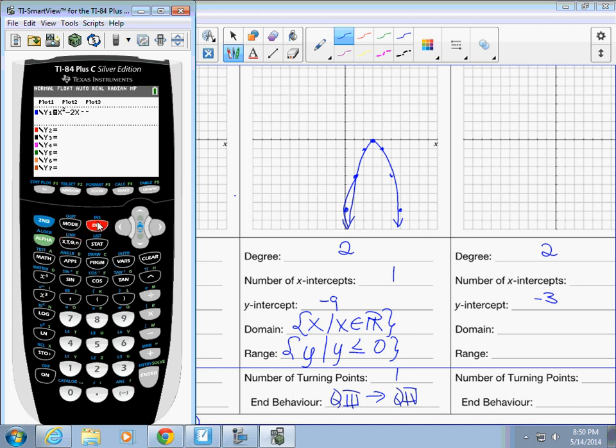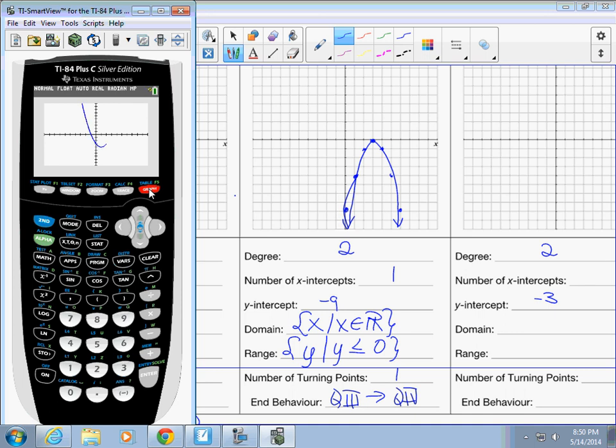Delete that. You have to watch. It has to be a negative 3 because it's an operation. In the other equation in front of the x squared, it's giving you a positive or a negative, so it's telling you the sign, but in between the terms it's an operation, so you have to use the minus sign, not the negative. Okay, so let's graph this.